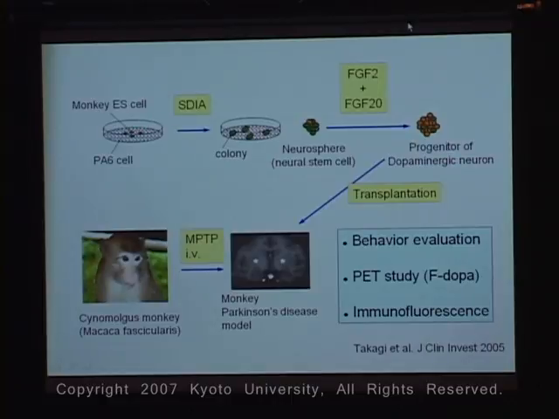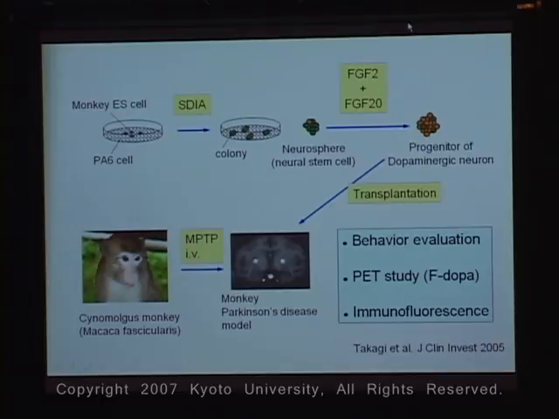We induced dopaminergic neurons by the SDIA method, and we cultured the neural spheres and expanded them by using FGF2 and FGF20. So now we got the progenitors of dopaminergic neurons.